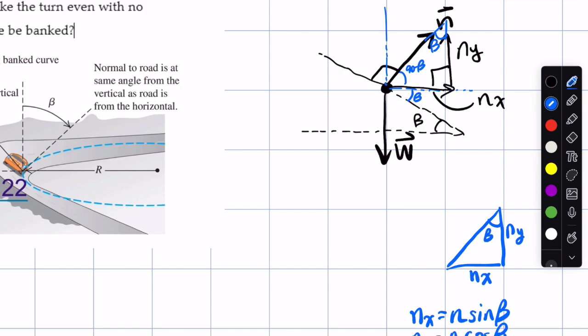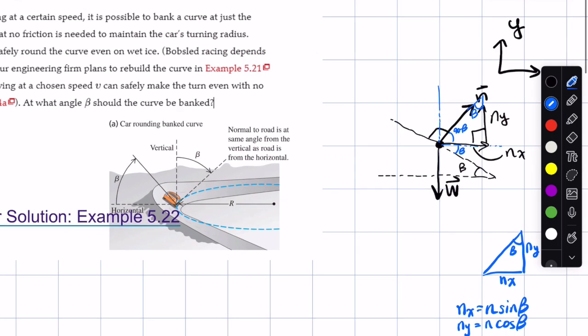And they're both positive since nx is pointing to the right and ny is pointing up. So now I'm going to add my forces in the x and in the y. For the forces in the x, all I have is the normal force component in the x. There's nothing else in the x direction.